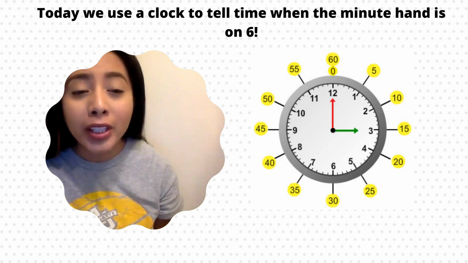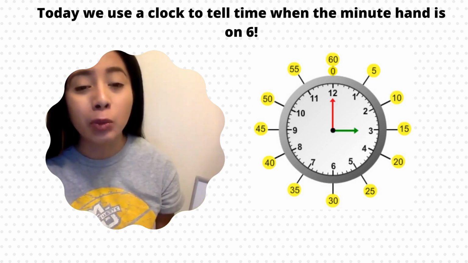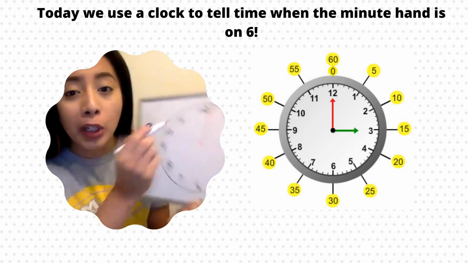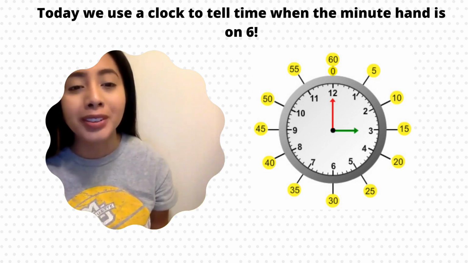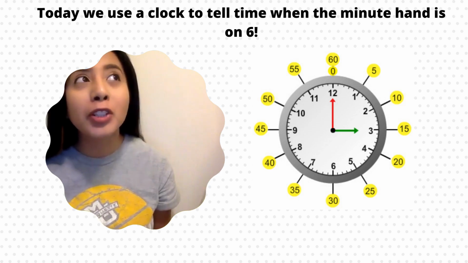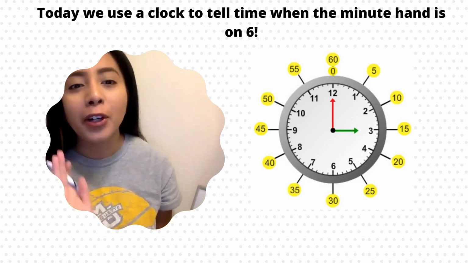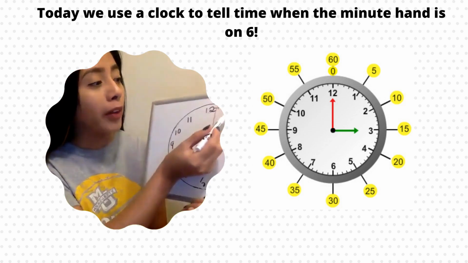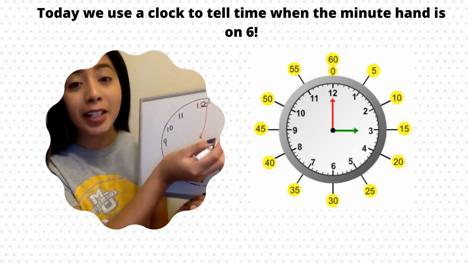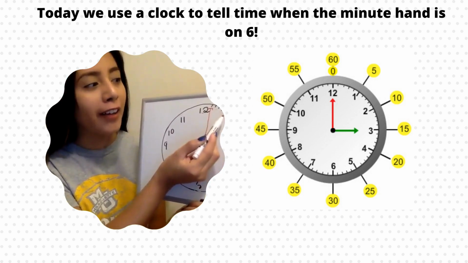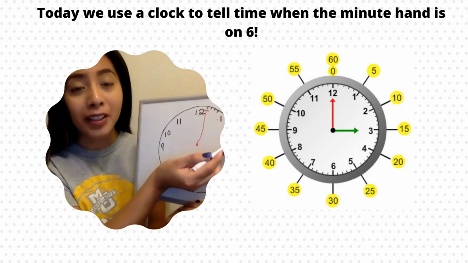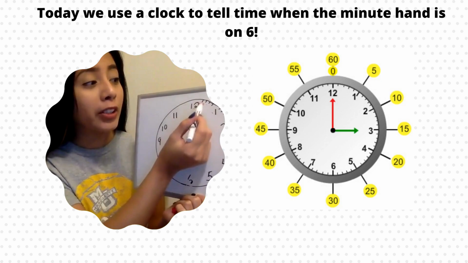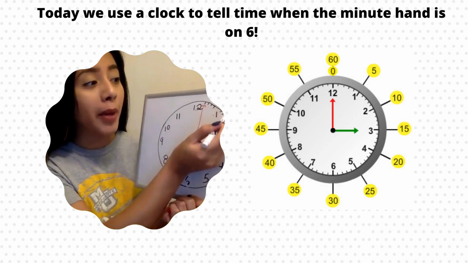We can count each minute using the little marks on the side of the clock, but it's faster to count by groups of 5, like we do when we whisper count. There are 5 minutes from one number to the next number. If I go from here to here, 5 minutes have passed.